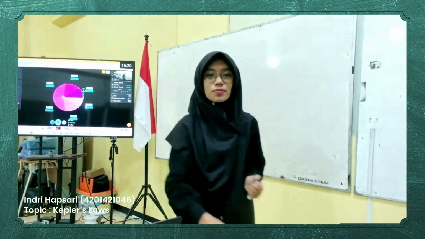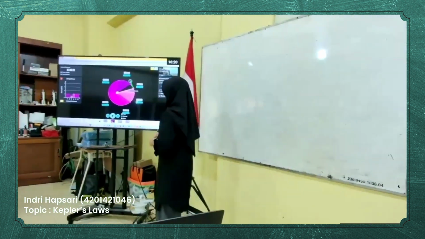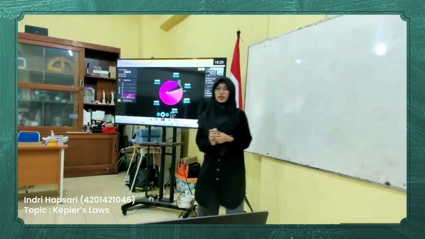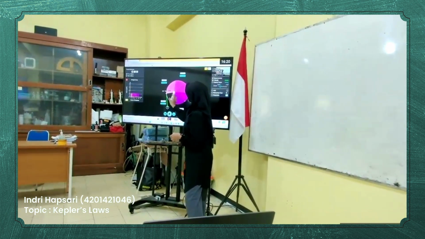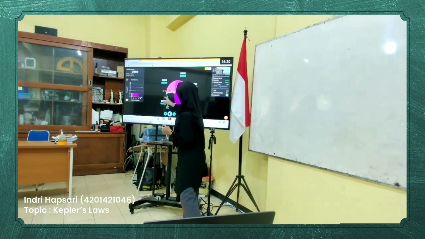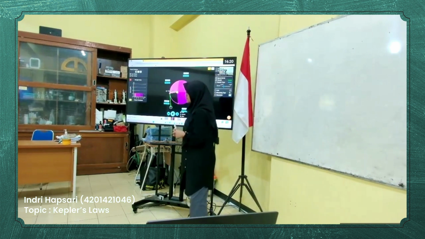Let's observe the speed of the planet. From this simulation, we know that if the planet gets closer to the sun, at what we call perihelion, the planet moves much faster.